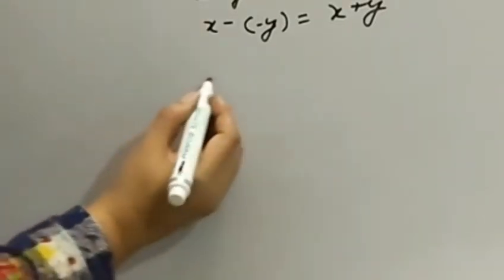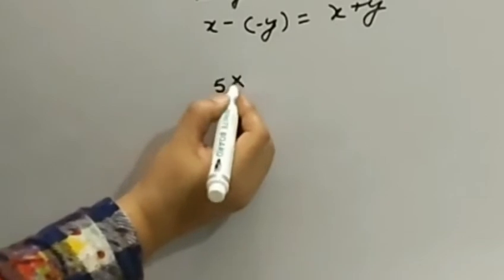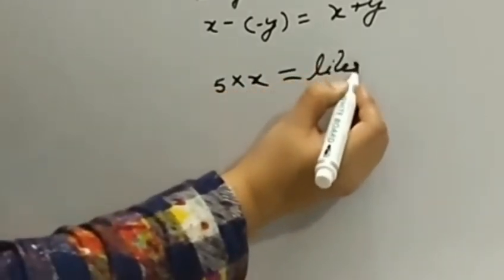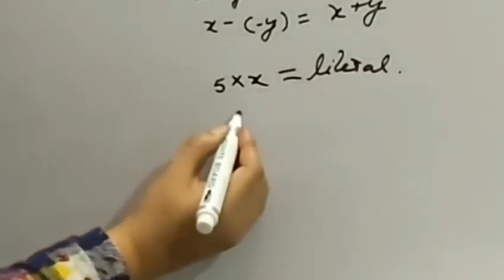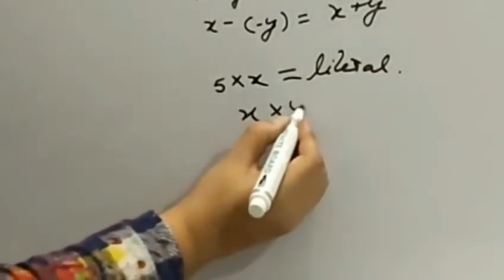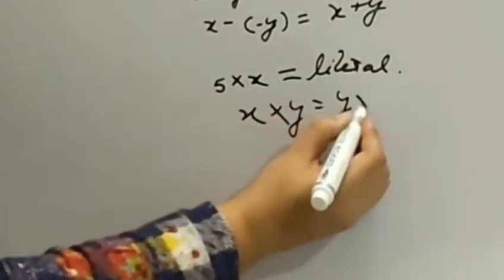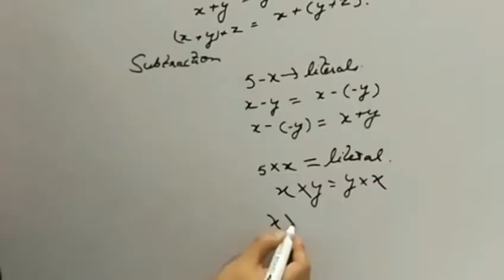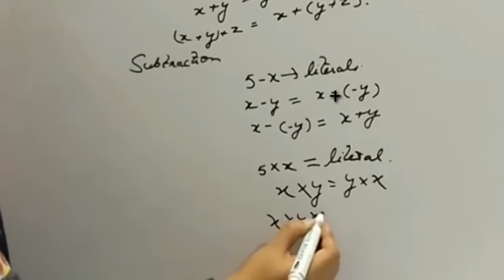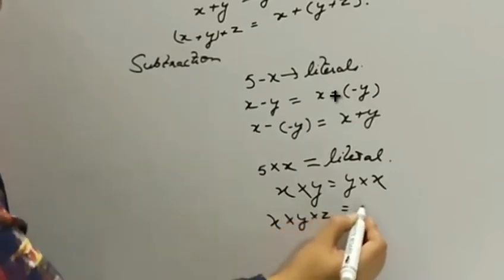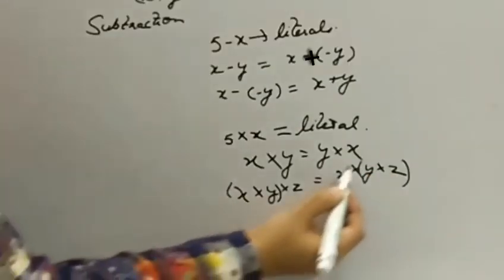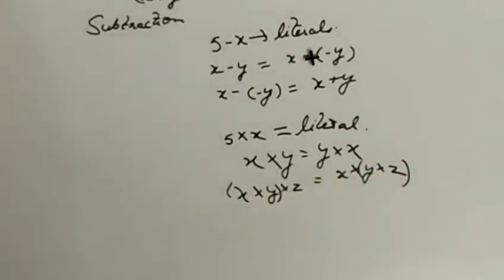Now let us move to the multiplication. Multiplication, when you multiply a literal with a fixed value, it remains literals. Next, it follows commutative law, x into y equals to y into x, and it also follows associative law, x into y into z equals to x into y into z. Even if the group is changed, the product remains same.